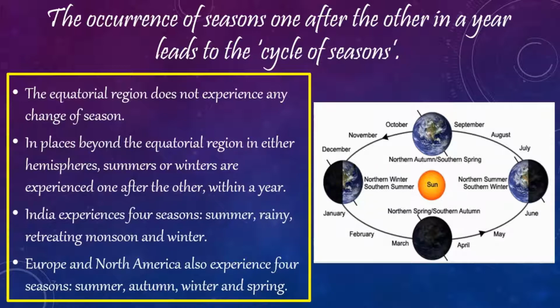Therefore, India experiences 4 seasons: summer, rainy, retreating monsoon, and winter. Europe and North America also experience 4 seasons: summer, autumn, winter, and spring season.